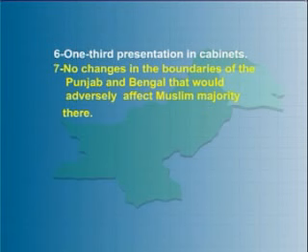Let me explain this point because this is a complicated thing. In case of Punjab and Bengal, the Muslim population in Punjab was approximately 55%. In Bengal, it was 56%, so it's a marginal majority which the Muslims had. And this majority could be reduced by changing the boundaries of these provinces.